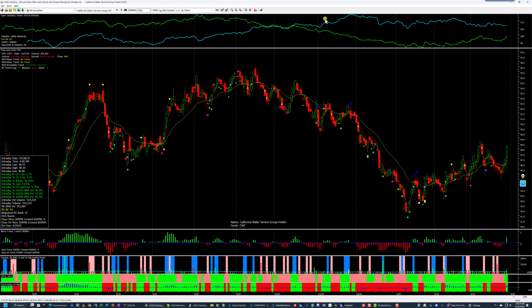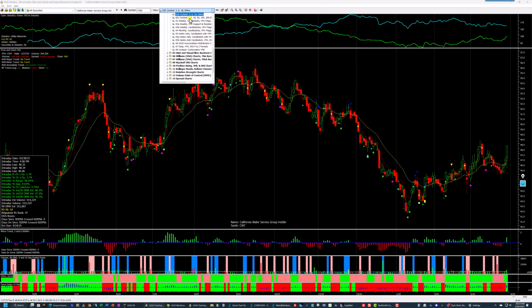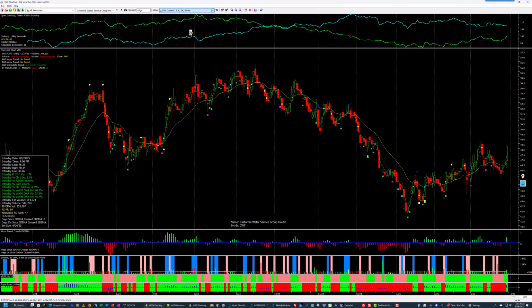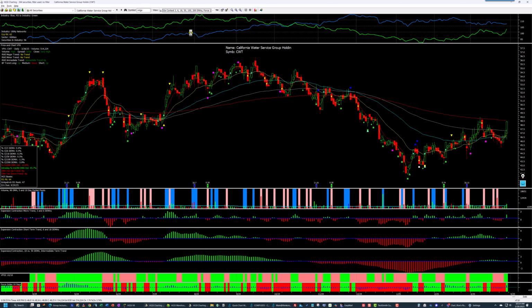Now, what I like to do if I'm somewhat interested in a stock, I'll move from this one up 1 to 2A, the context using all of my moving averages. So you can see that the 3 crossed the 6 and the 6 crossed the 18 today, and the 18 is above the 50 here, so the intermediate term trend held up, or stayed positive, all through this.